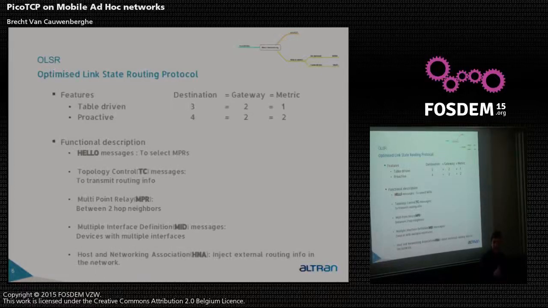Then there are two different more advanced message types, the MID messages, which will send more interface data towards the network, and the HNA to inject new routing information from another network into this network.